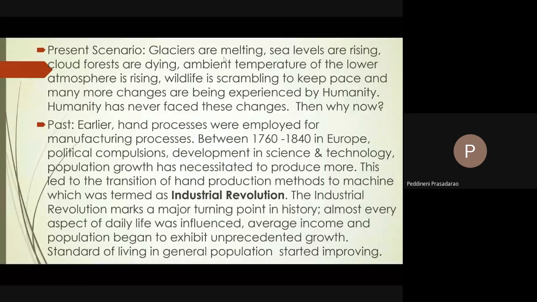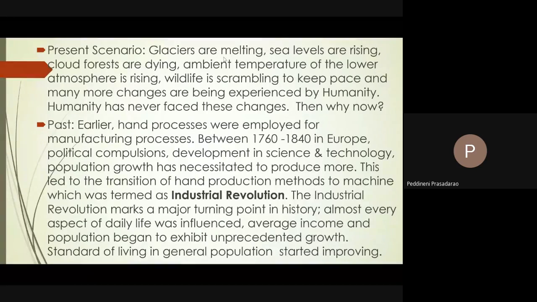So this was the earlier time, before 1760, maybe around 1740. Before 1740 or 1760, most of the time hand processes were employed, in the sense man was the main attraction.